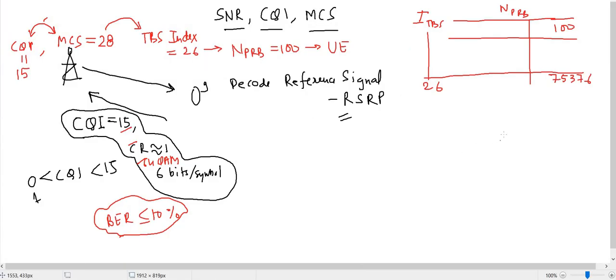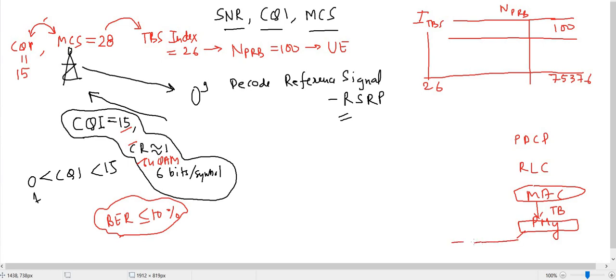If you check the layers, it's like PDCP, RLC, MAC, and then your PHY layer. Whatever the MAC layer transmits to the PHY layer, it sends its bits in a transport block, and this PHY layer will then forward your data over the air in terms of subframes.